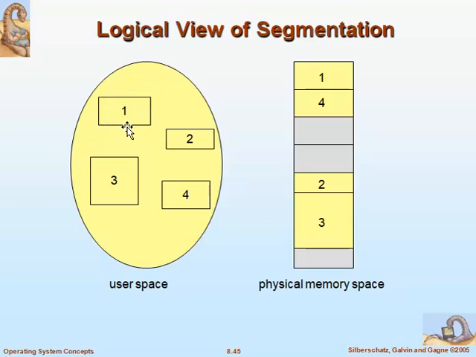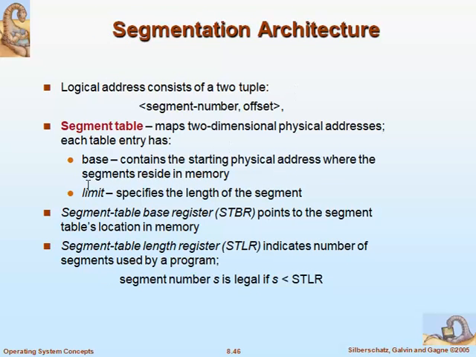For example, for segment 1, it will have the base and the limit. The base will point to the starting address on the physical memory, and limit will specify the length of that particular segment. So that is what is specified here, base and limit.